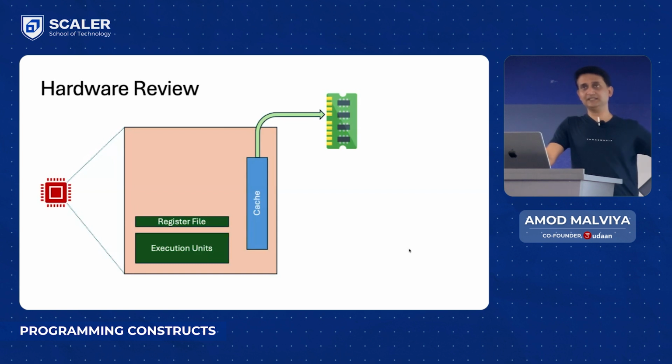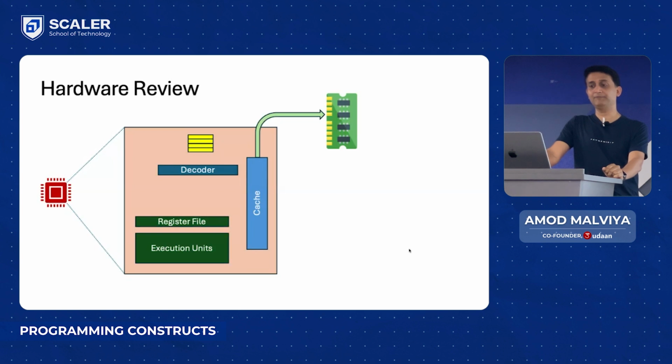There would be a cache somewhere in between on the CPU to accelerate the access to the memory. The instructions would go through a queue and a decoder to convert them into a set of micro instructions. Because ISA is the contract that the CPU exposes outside, but internally it might be using very different mechanisms. So it converts that ISA into its internal micro operations and then executes them.